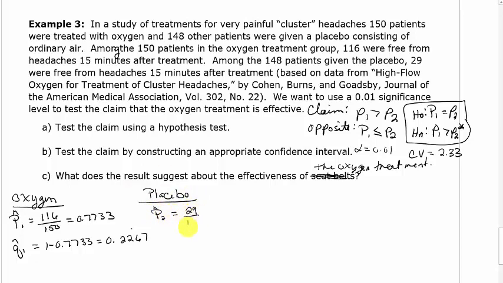That's 29 over 148, and it gives us 0.1959. And then q hat sub 2 is 1 minus 0.1959, and that gives us 0.8041.